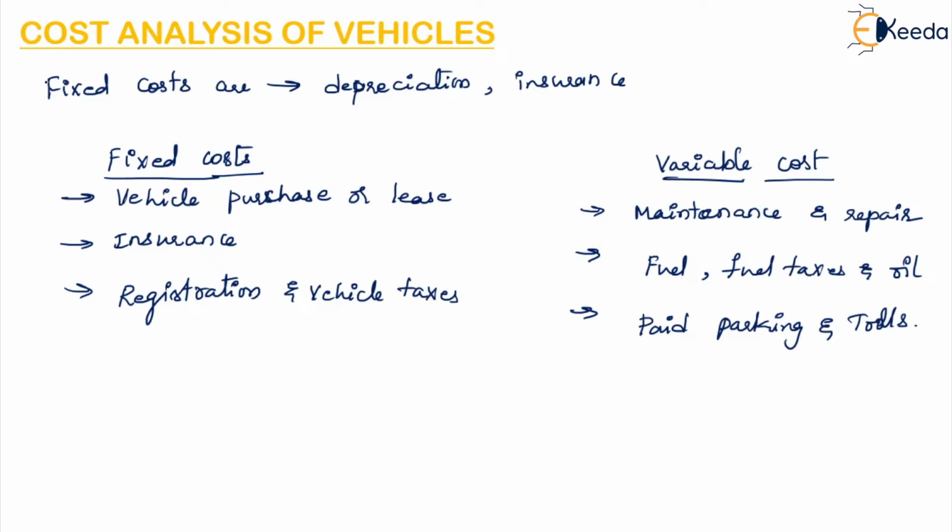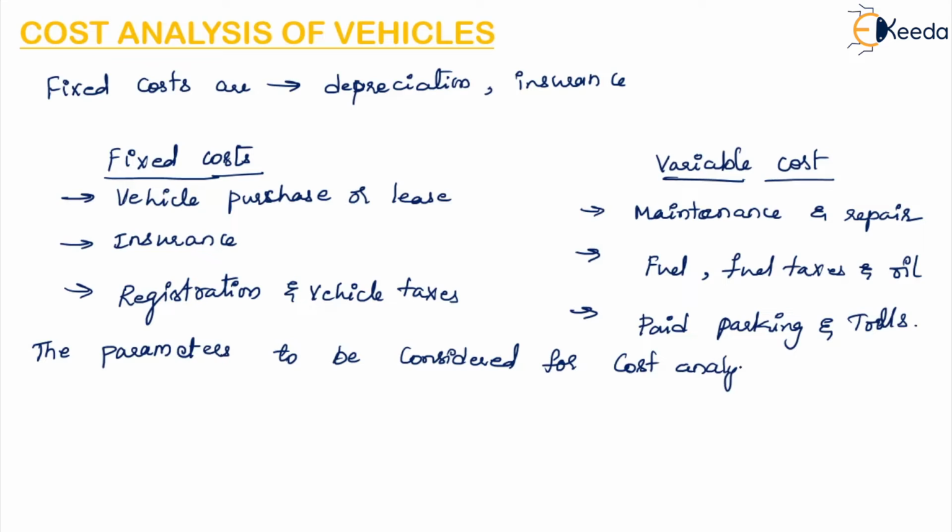So when you want to make the cost analysis of vehicle, what are the parameters which you have to consider? I am going to list now. So the parameters to be considered for cost analysis of a vehicle.